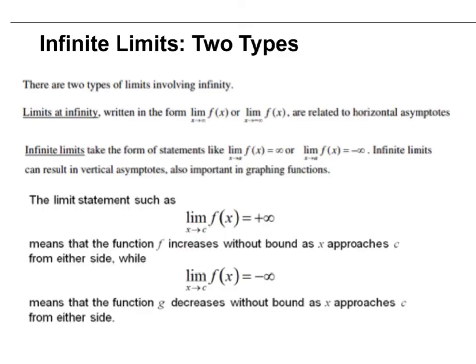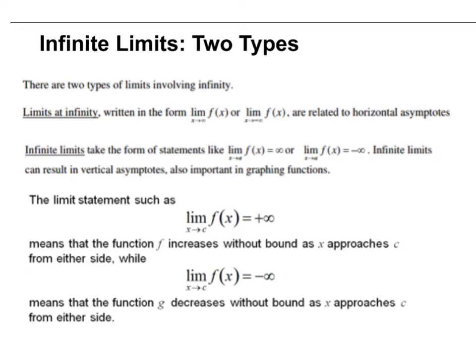Okay, so basically there are two types of infinite limits. There's a lot of writing here, but there's just two basic types. So you can see here there's a limit at infinity where it says as x approaches infinity and x approaches negative infinity of f of x, they're related to horizontal asymptotes.